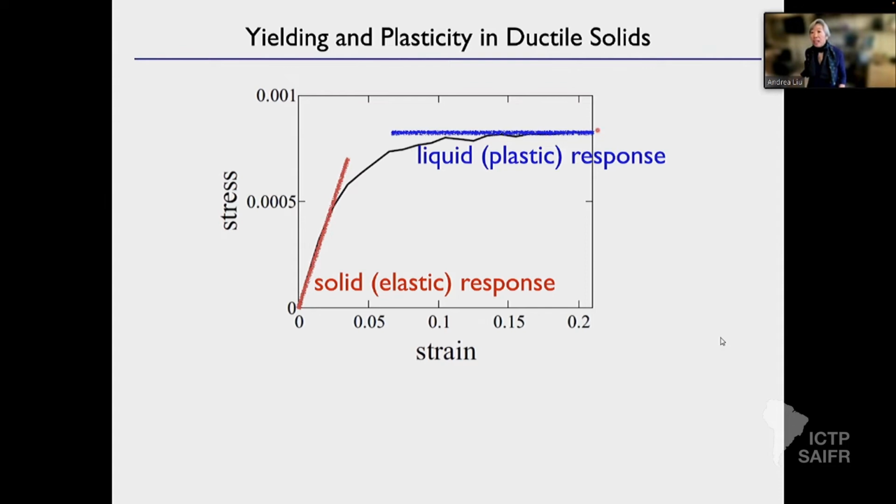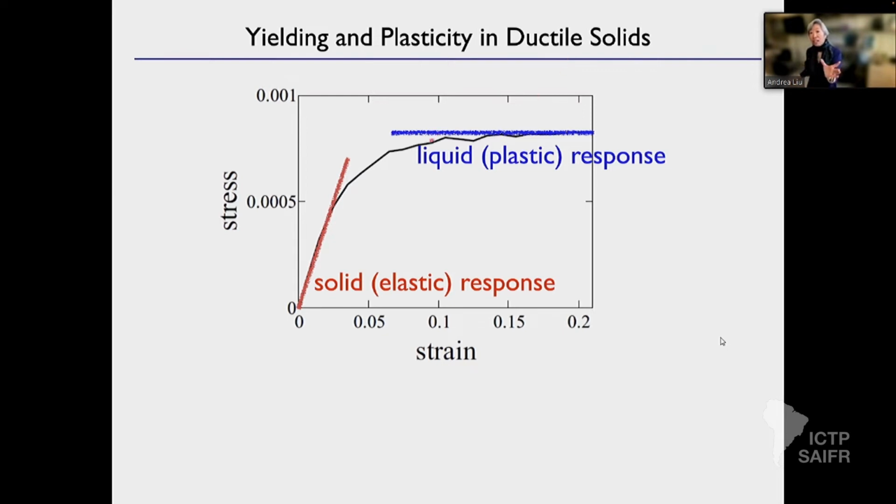Okay, now many solids, you don't actually see this. You see them just break. If you imagine taking a glass rod and just bending it, right, it'll just snap, right? And that's brittle response. What happens is that there's a sudden stress drop and the thing fails. So that's the difference between a ductile solid.